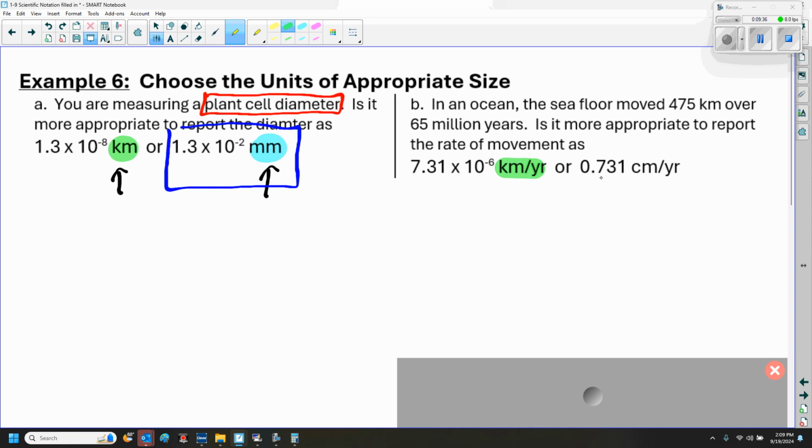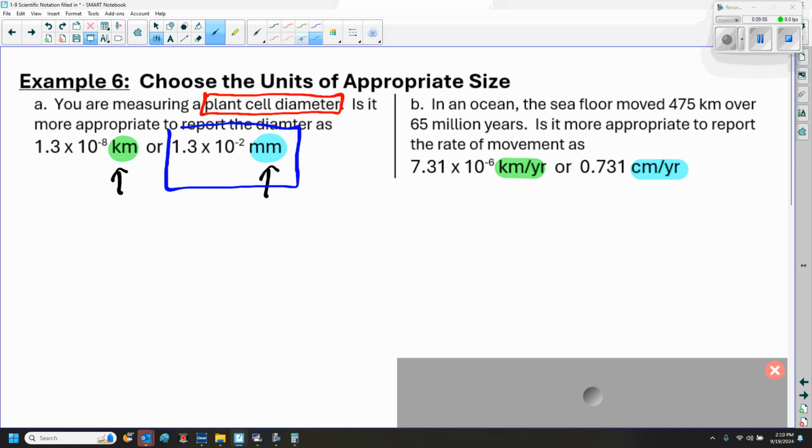Or should we say 0.731 centimeters per year? Okay? And again, we want to think about how much it has moved over this long of a time, okay?